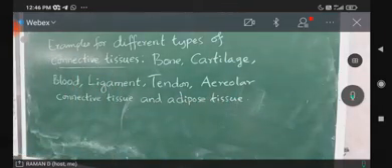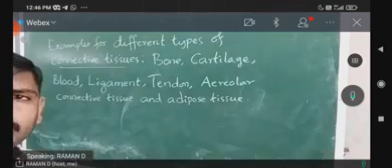Different types of connective tissues are bone, cartilage, blood, ligament, tendon, areolar connective tissue, and adipose tissue.